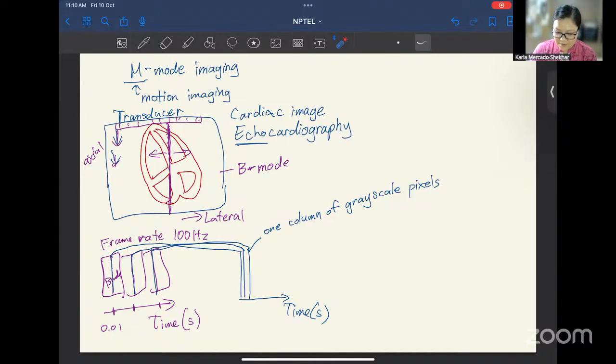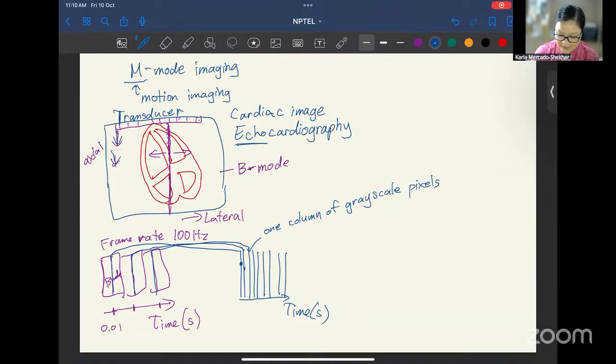If you keep collecting, it will go as long as you collect, and it will form a small video. It'll keep accumulating. Each of these M mode lines will accumulate as you go through your B mode images. So how does this help? Basically, in echocardiography, it helps with looking at a location and the movement of one of the heart chambers.